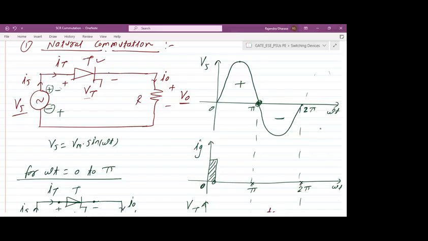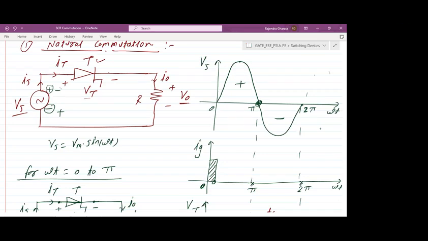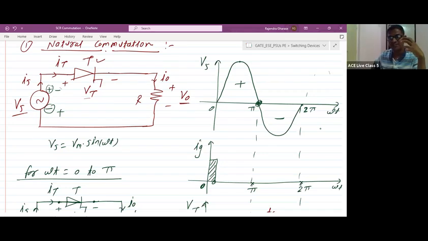TC is the circuit turn off time, and that value will be decided by the design engineer, whereas TQ is given by the manufacturer and depends on the construction of the device. TC depends on your commutation circuit, in which we are using an inductor and a capacitor.